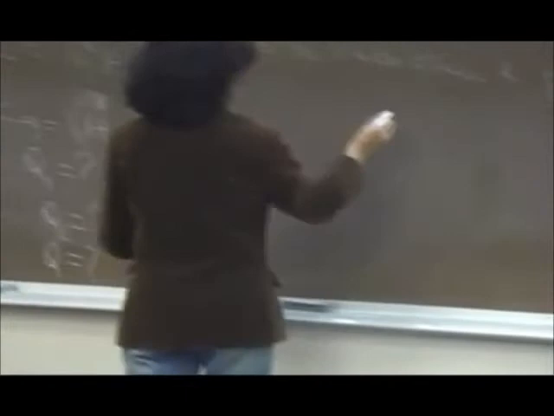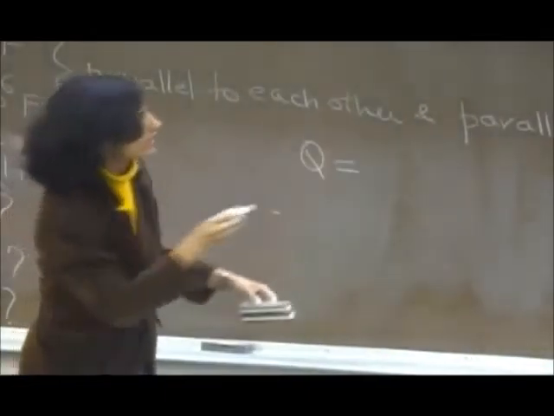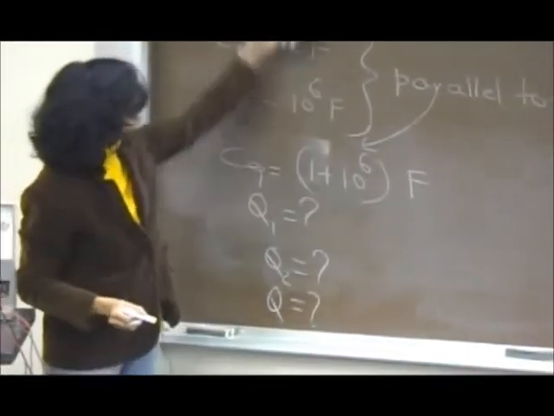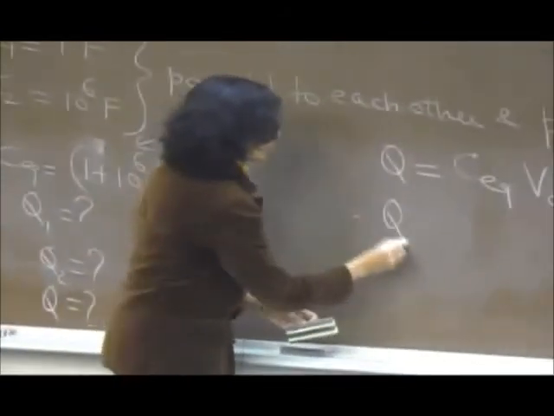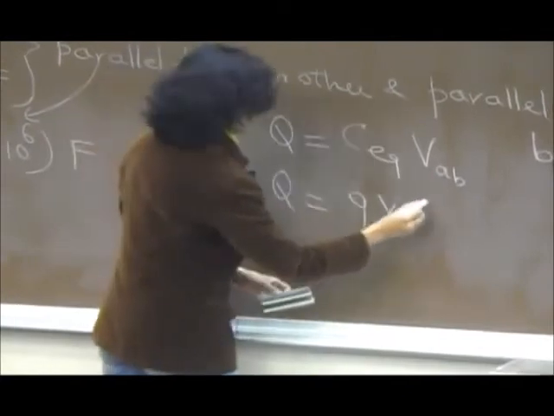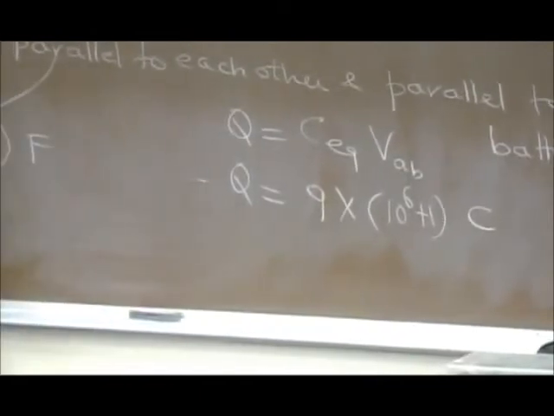And we know C equivalent, we just now found it. So Q will be equal to 9 volts times 10 power 6 plus 1, and so the answer will be this many coulombs. Is that making sense?